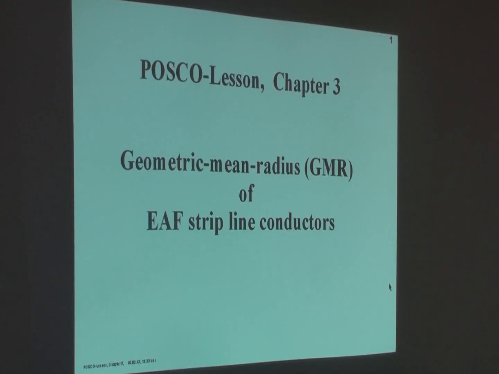That means this to this is this to this, and this to this is, for example, this to this. We have to calculate strip line conductors. That means we have high current suppression, high current displacement.